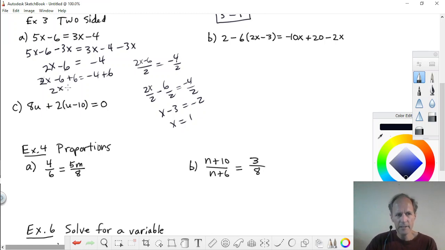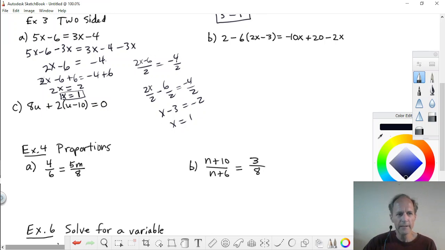The -6 plus 6 goes away, goes to 0. 2x equals 2. And then we divide both sides by 2 here, and I will just do that step in our head. Divide both sides by 2, x equals 1. Okay? So, yeah, we got the same thing. We got x equals 1 over here as well.